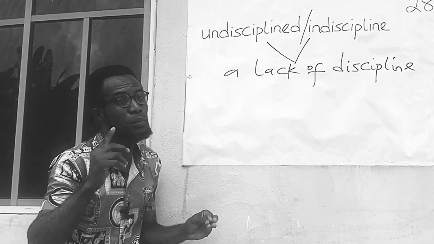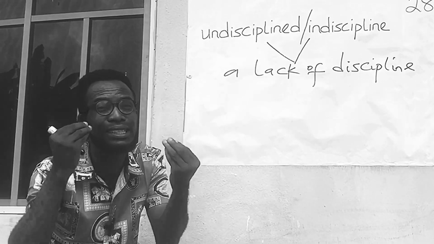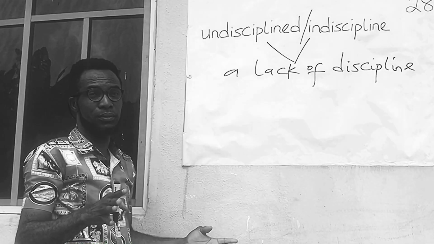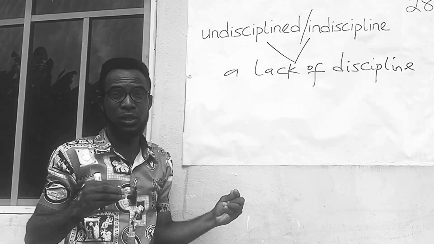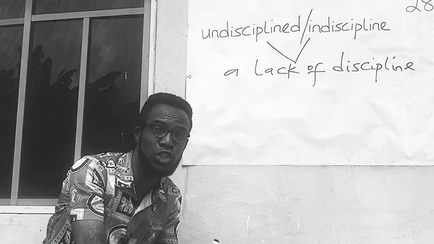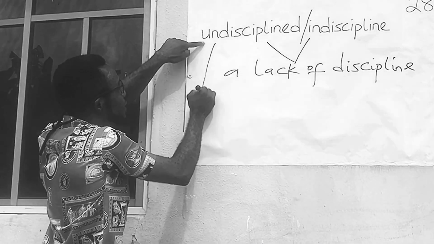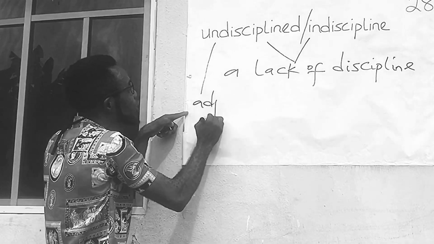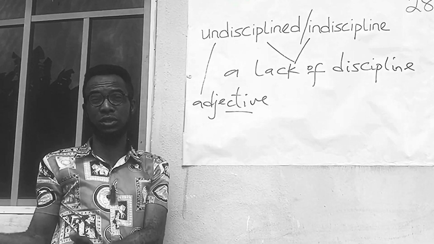The difference between both of them is they do not exist in the same part of speech. Their meanings are the same, which is a lack of discipline, but their parts of speech are different. Undisciplined exists as an adjective. It is an adjectival word.